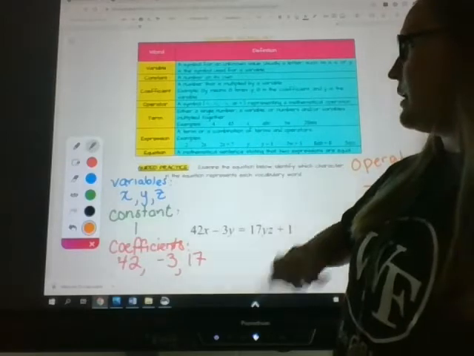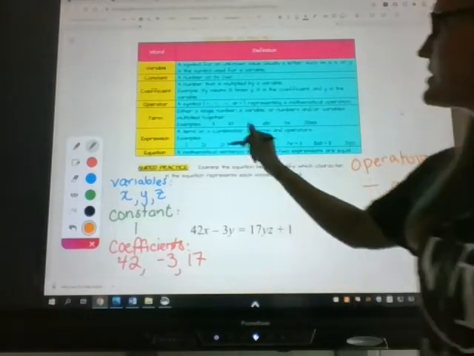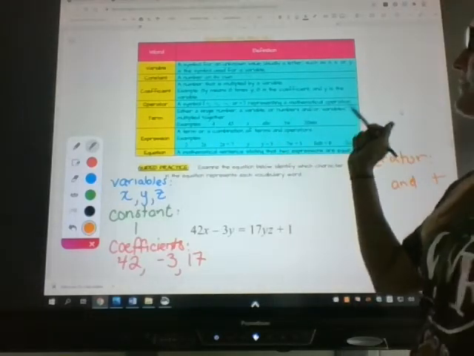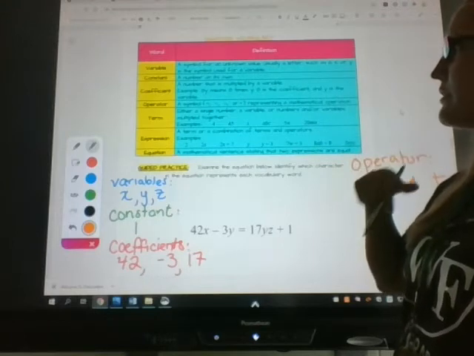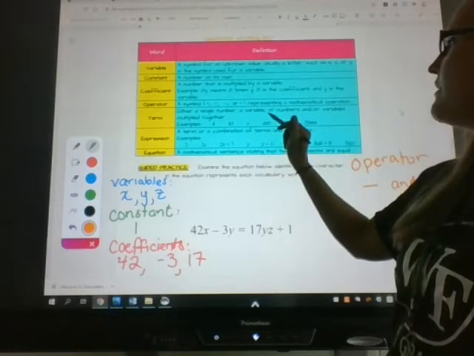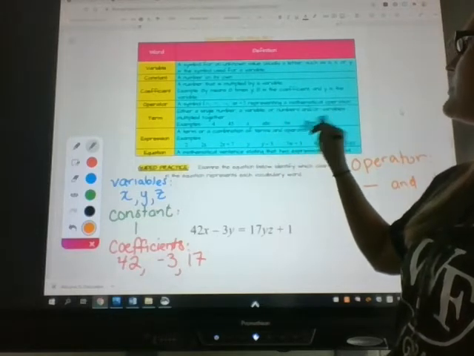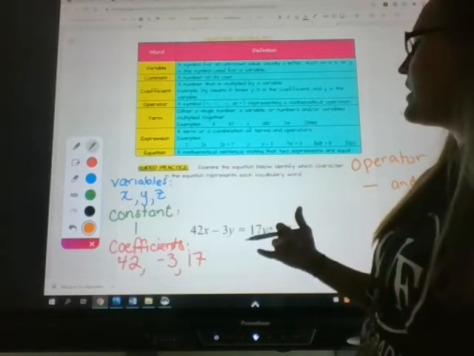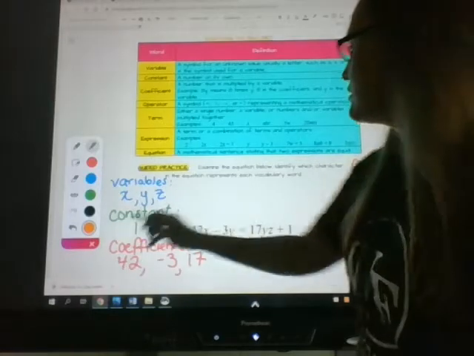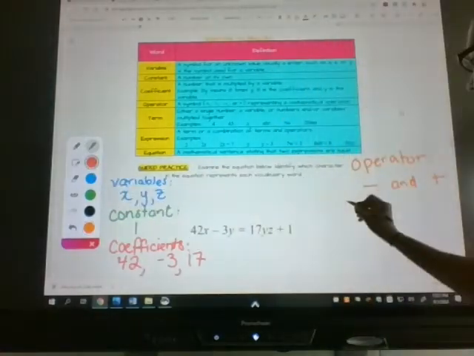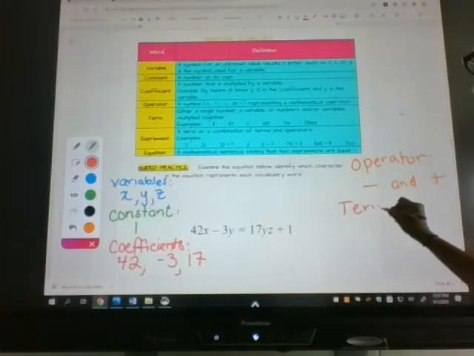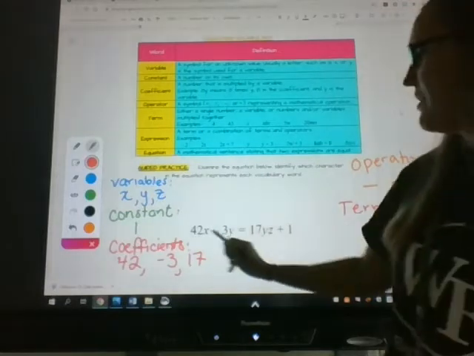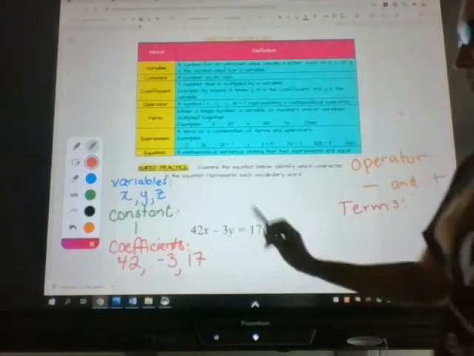The next vocabulary word, term. Either a single number, a variable, or numbers and variables multiplied together. Example, 4, 45, x, abc, 5w, 20, mn. You really want to think terms are separated by a plus or minus sign. So here are our terms. On the left-hand side of the equation, we have two terms.